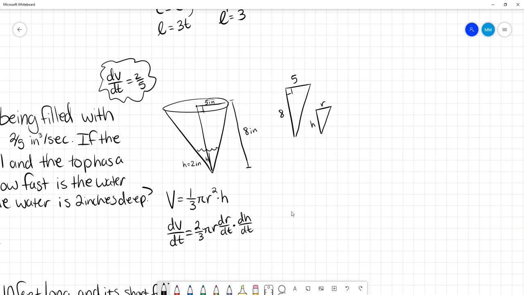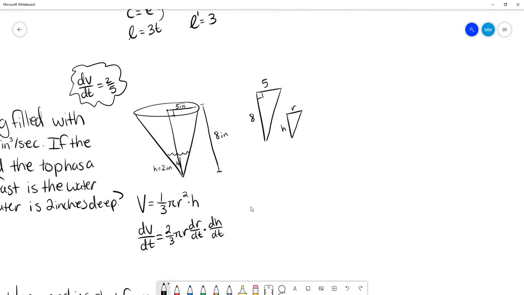And so in this case, we want to find what dh dt is. So we need to figure out either h or r in terms of one another. So when the radius is 5, h is 8. When the height is 8, the radius is 5.